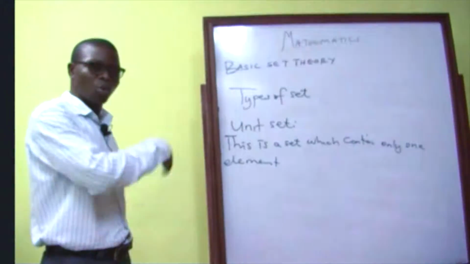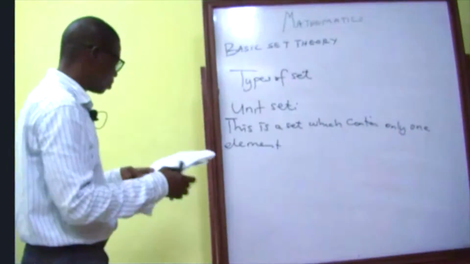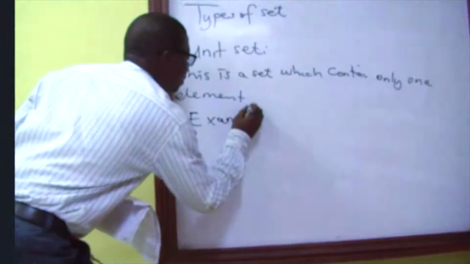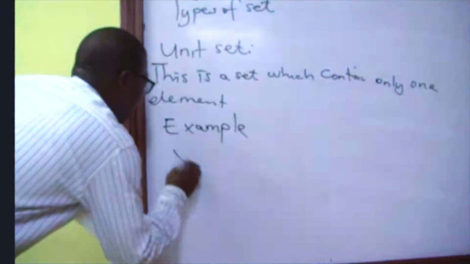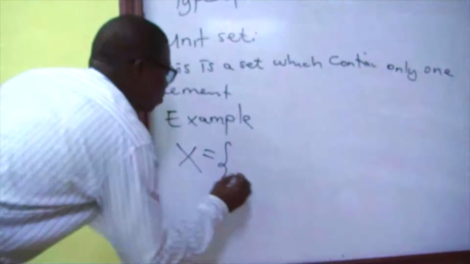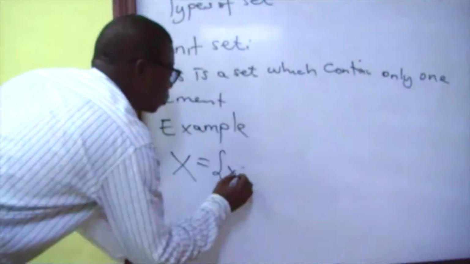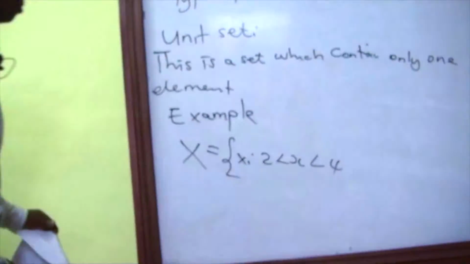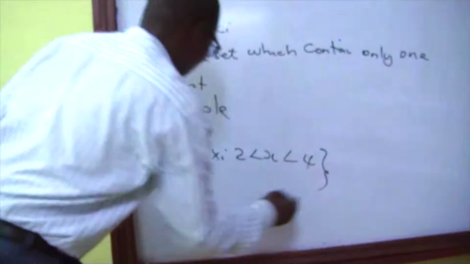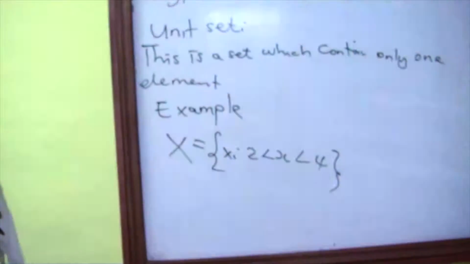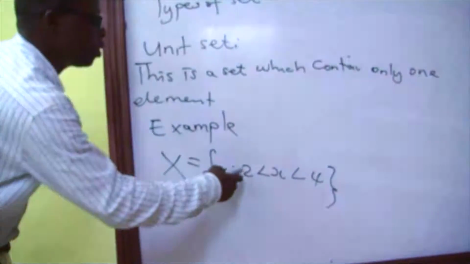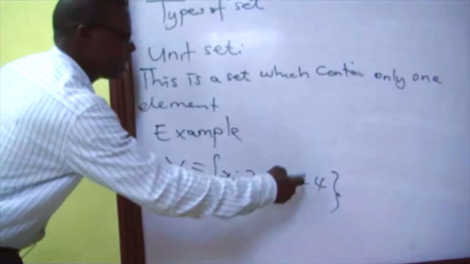Let us now relate it to the mathematical concept. Let's look at this example. X is the set of all x such that 2 is less than x, less than 4.